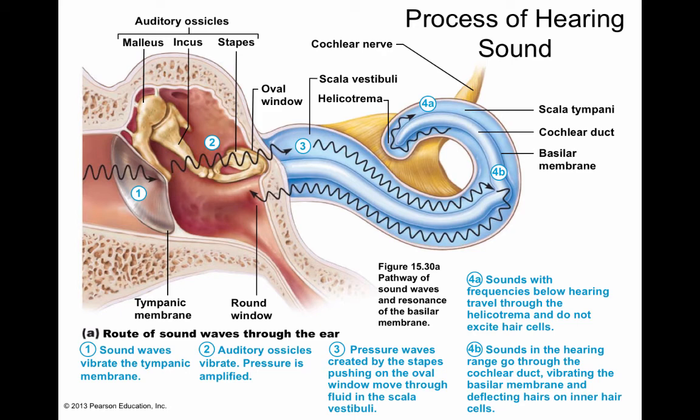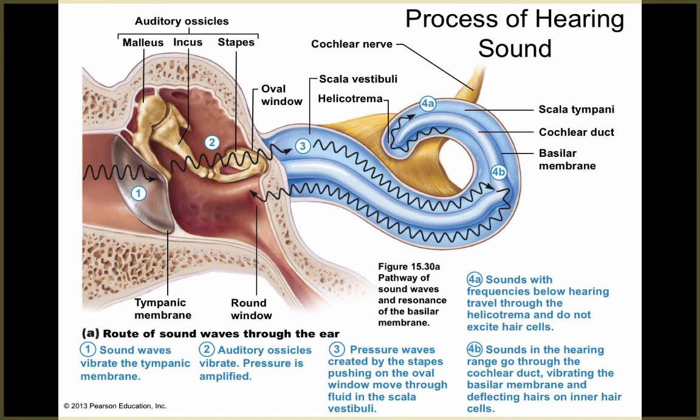So essentially what we start with here is the sound is going to enter. So sound comes in here, right? So the first thing is the sound waves enter what's known as the external acoustic or auditory meatus.